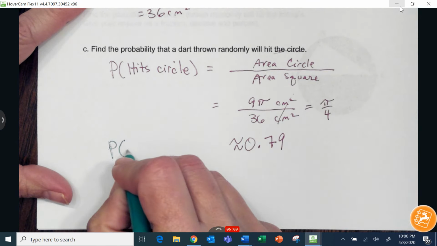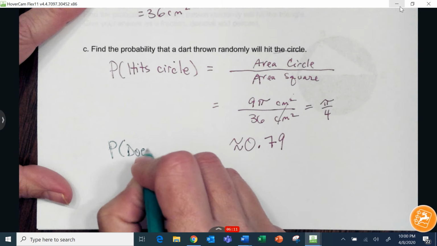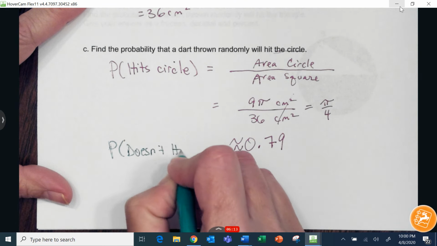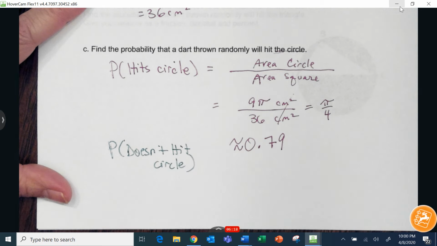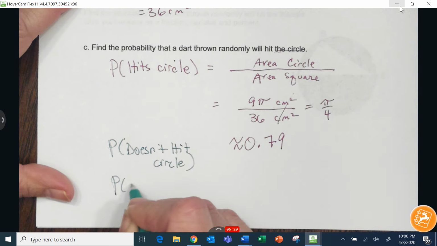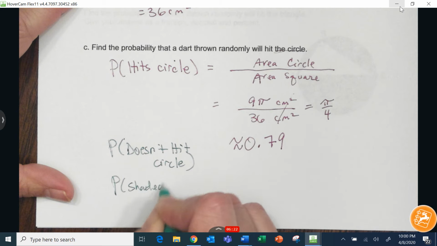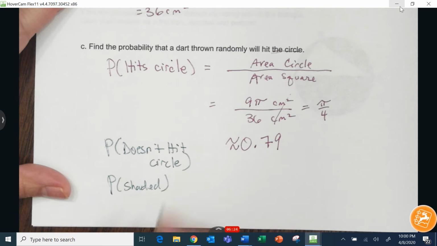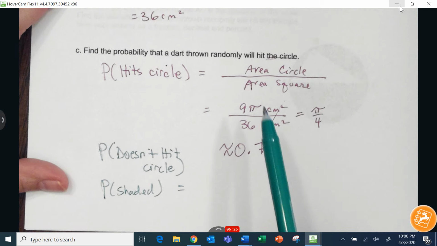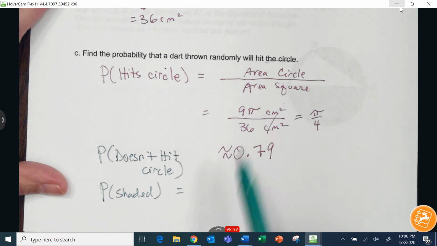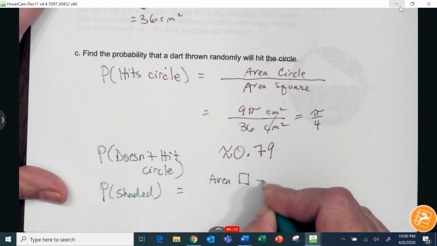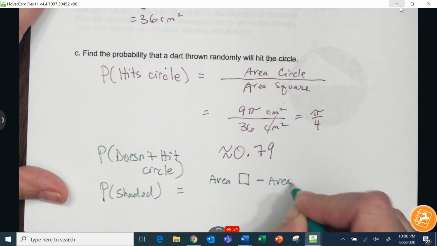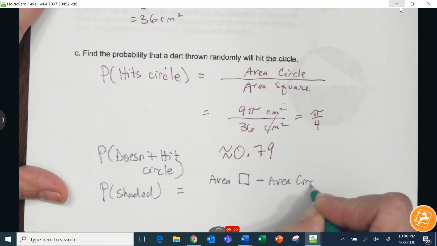The probability that it doesn't hit the circle, or you could say the probability that it hits the shaded region. Well, on top, instead of doing the area of the circle, we're going to do the area of the square subtract the area of that circle.